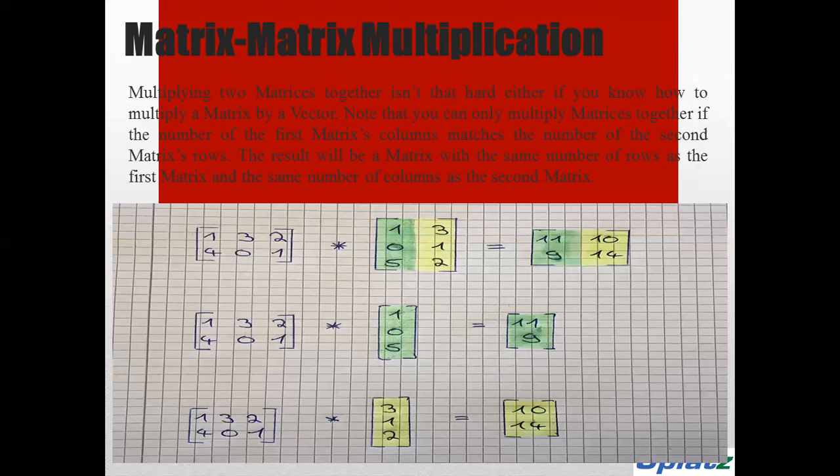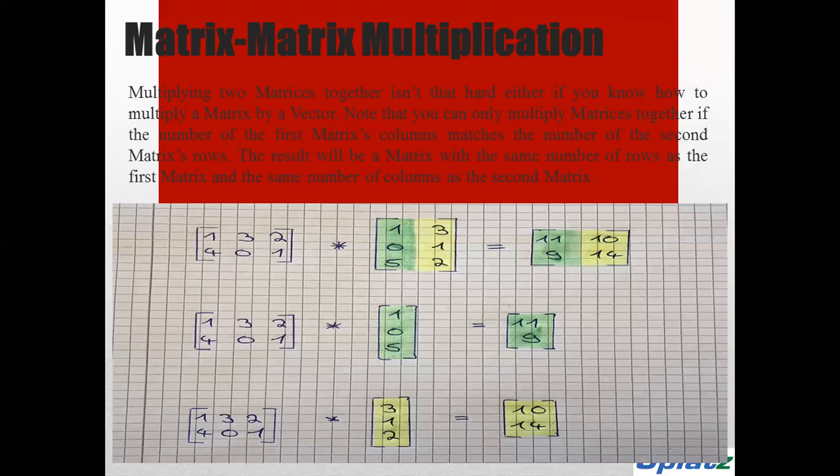So for example, if the first matrix is of the order p by q, p number of rows and q number of columns, and the second matrix is of the order q by n, where q is the number of rows, which is the same as the number of columns of the first matrix, then the output, the multiplication of these two matrices, will be of the shape p by n.